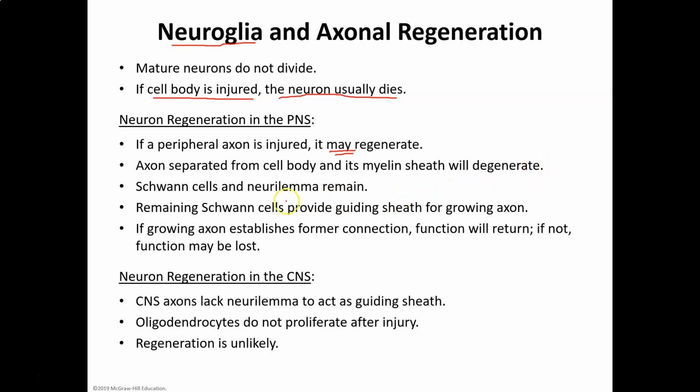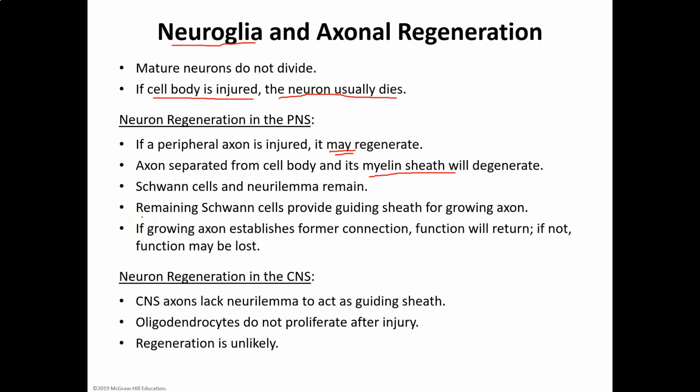It's still possible. The Schwann cells are still there, and the neurolemma. The neurolemma is the cell membrane around a neuron. The remaining Schwann cells provide a guiding sheath for a growing axon. So sometimes, even though the myelin sheath has degenerated, the axon will still regrow from the cell body on out.